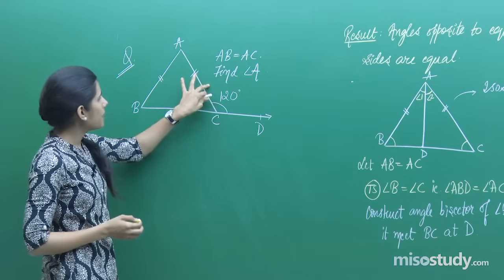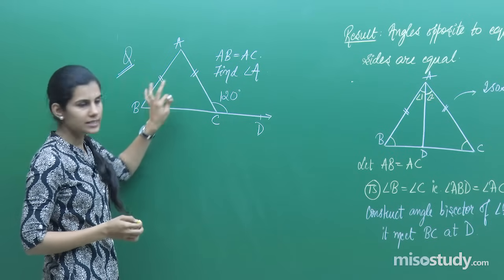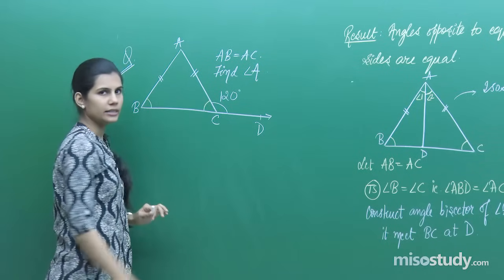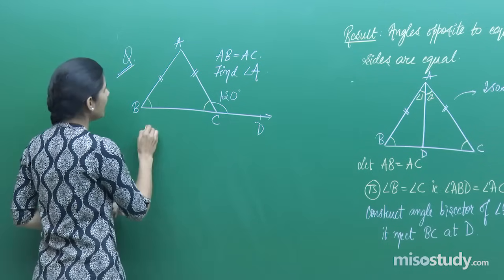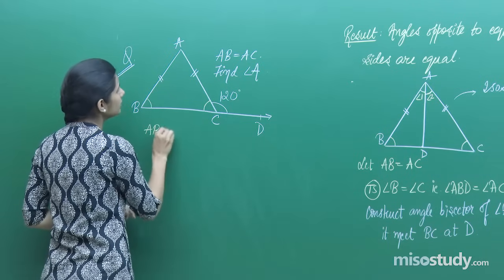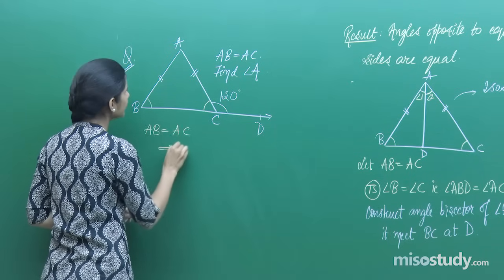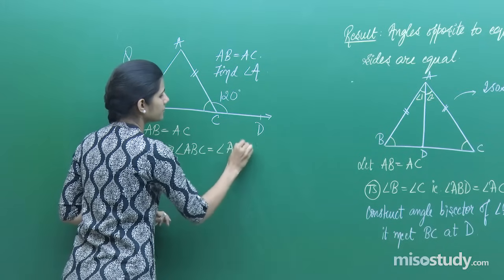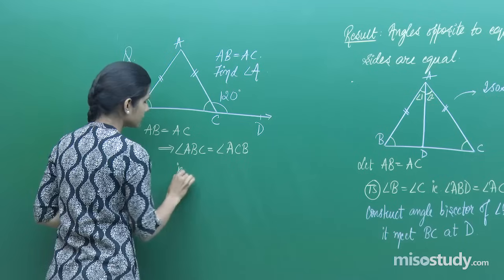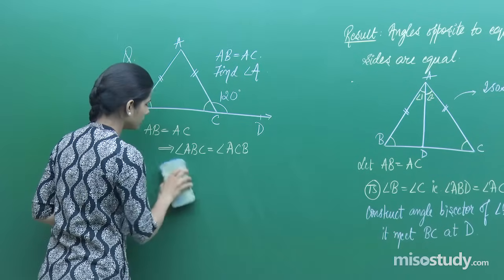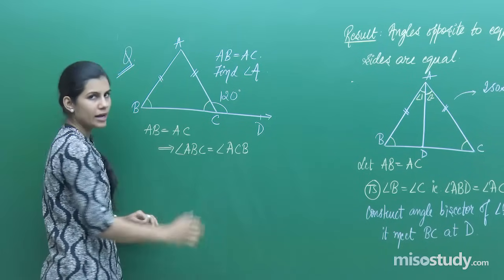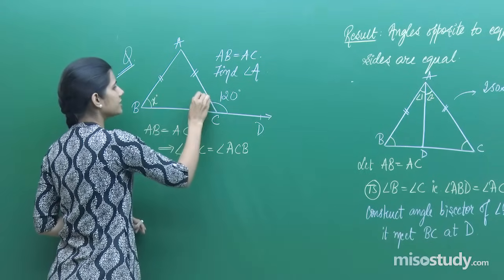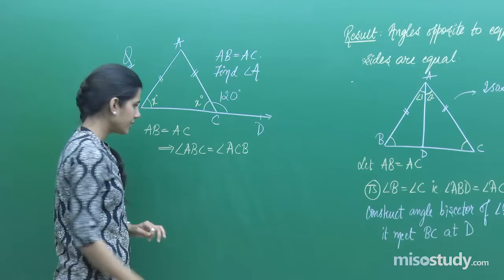We just now did that angles opposite to equal sides are equal. So you have with you this angle will be equal to this angle. So I will have AB equal to AC, implying that angle ABC is equal to angle ACB. That is, if angle B is equal to angle C, if this is x degrees, even this is x degrees, right?